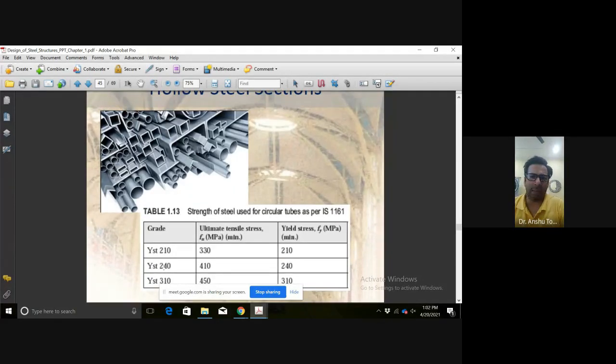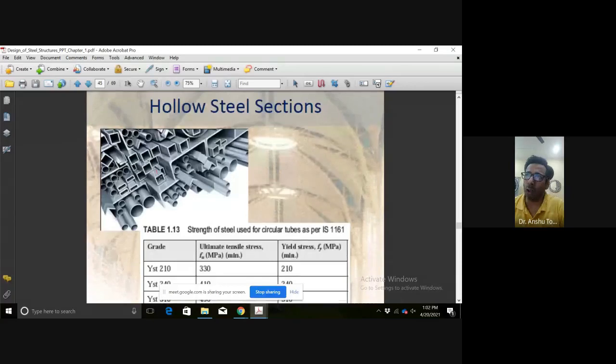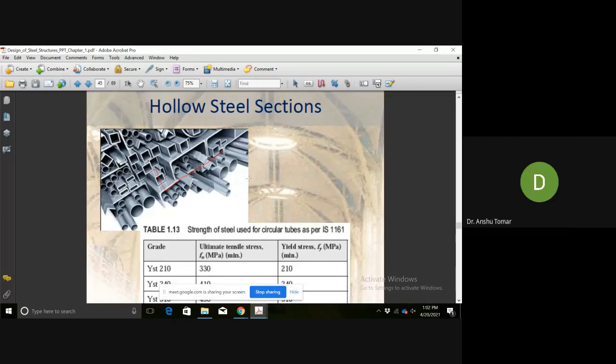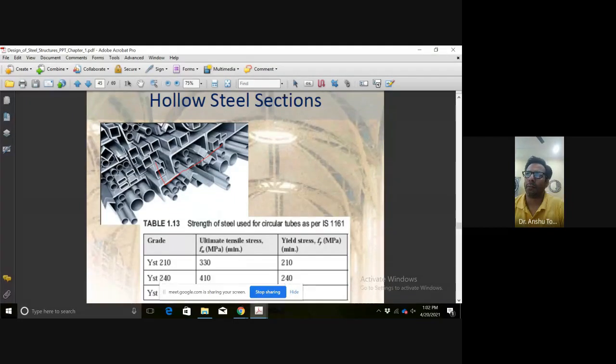As you can see in tabular form, their yield stress and their ultimate tensile stress are given. Those structural elements of similar shape which are not structural steel don't have so much ultimate tensile stress and yield stress.